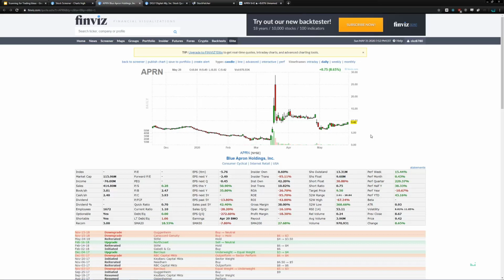What that means is that there are under 10 million shares available to be traded in the public markets. Everything else is either locked up by insiders or held by institutions, or it's just not part of the public float, so it can't be traded. And 30% of those shares are currently held short.